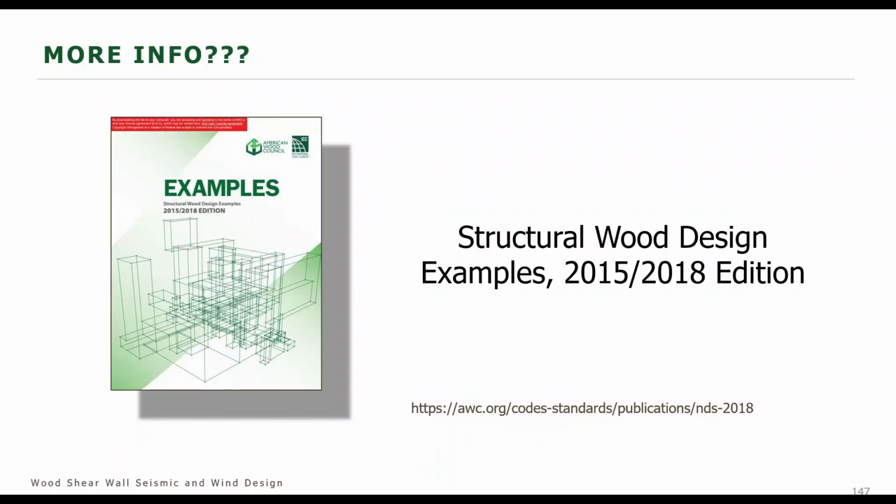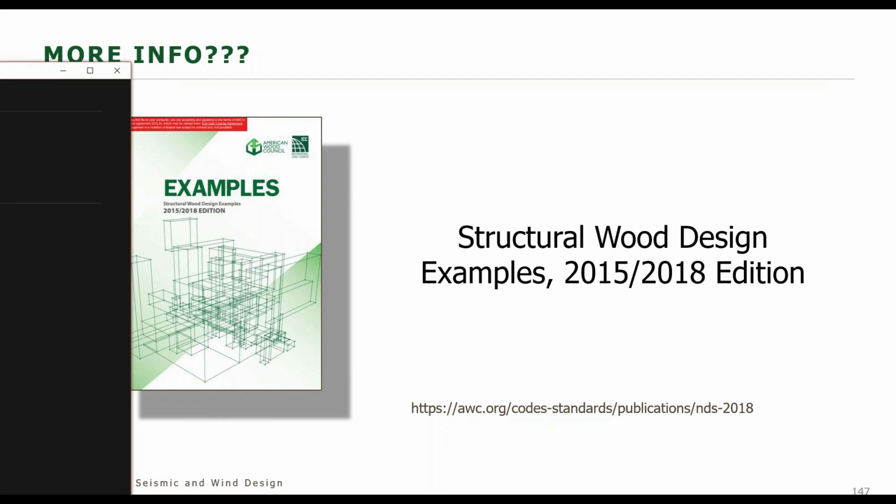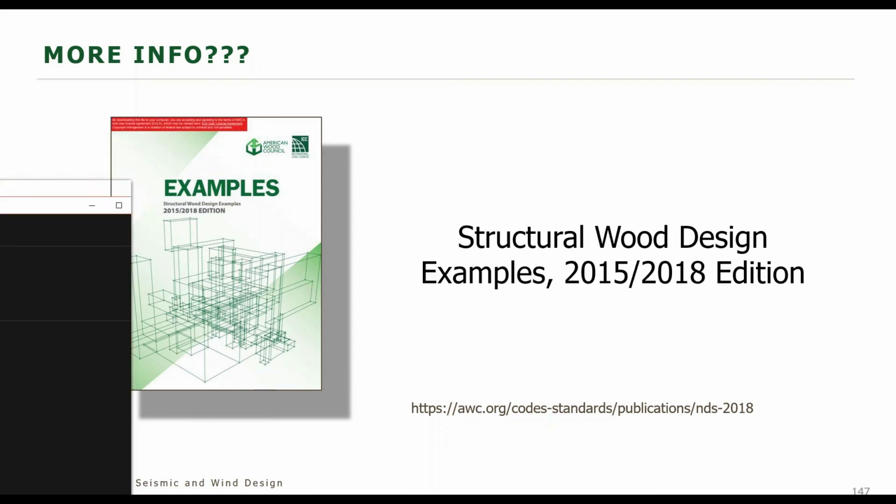Lori, do you want to go ahead and mention something about this since you had a big part in this? This is our new structural wood design examples. It is cross-listed for the 2015 and 2018 NDS. We have over 20 examples in here, and they range from very simple ones that include things like determining adjustment factors, and we have several shear wall examples, including the ones we did today.